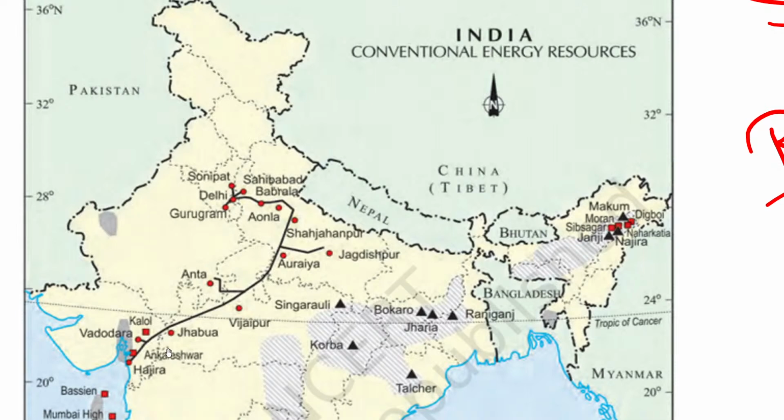So here Ankleshwar is the most important field of Gujarat, and Assam is the oldest oil producing state of India, where Digboi, Naharkatia, and Moran Hugrijan are the important oil fields in Assam.